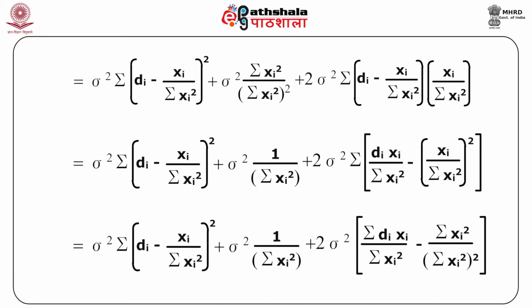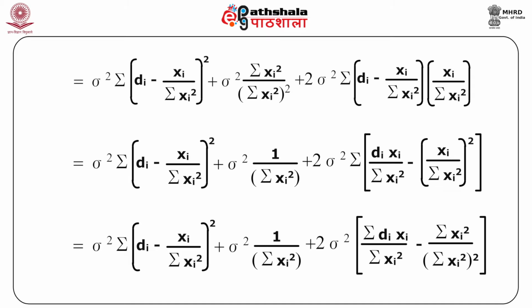xi square whole square plus sigma square summation xi square divided by summation xi square whole square plus 2 sigma square summation di minus xi divided by summation xi square into xi divided by summation xi square, which is equal to sigma square summation di minus xi divided by summation xi square whole square plus sigma square 1 upon summation xi square plus 2 sigma square summation brackets di xi divided by summation xi square minus xi square divided by summation xi square whole square.